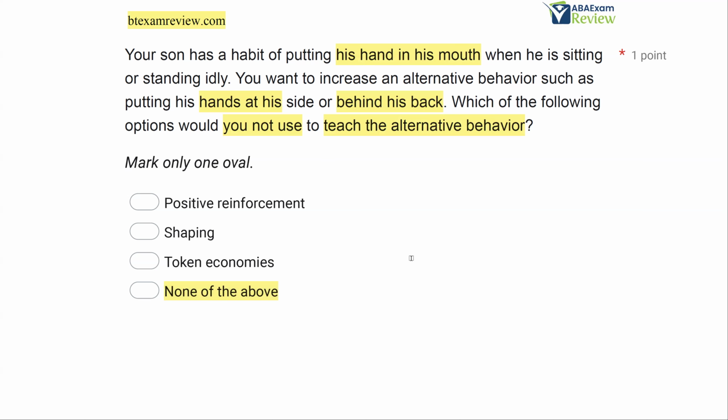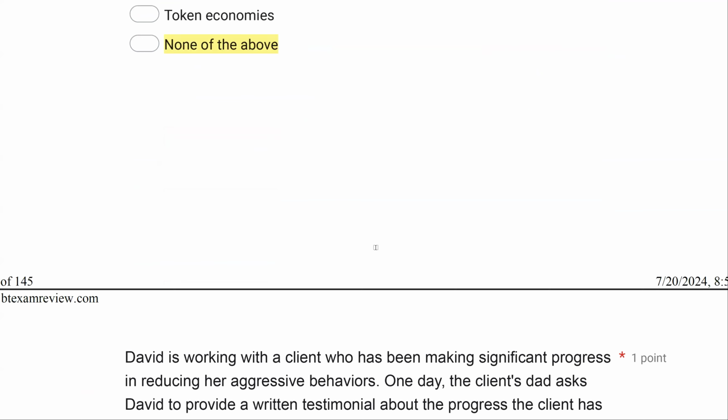This isn't necessarily a difficult question, but if you're not reading carefully, or if you don't understand the idea of reinforcement or the interventions we can use to teach, then you could struggle with this question, which again is why fluency is so important. And so if we want to teach an alternative behavior, we can use positive reinforcement, we can shape, or we can use token economies.